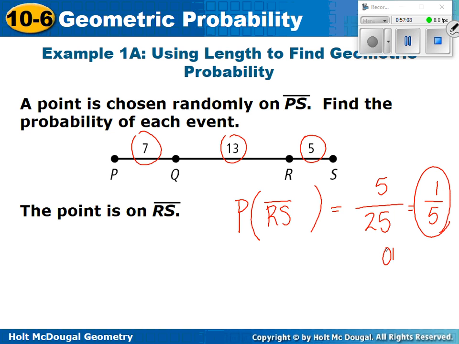Or you can write that as a percentage. What is 1/5 as a percentage? Not 50, that would be 5/10 or 1/2. 20%. How do you change 1/5 to a percentage? What is 1 divided by 5?